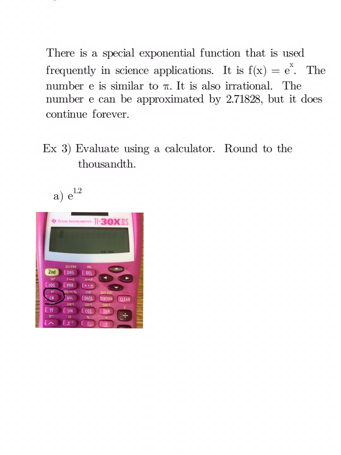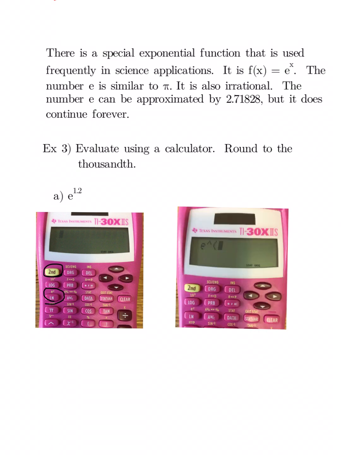In order to access that, you're going to press the second key and then that ln key. When you have pressed the second and the ln key, you should see this e with a caret and a parentheses showing on your calculator screen.